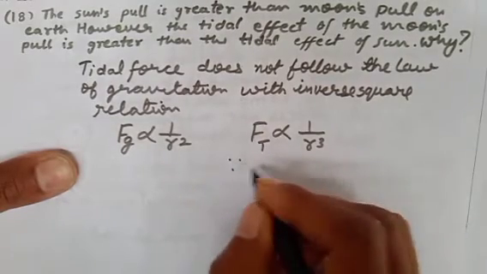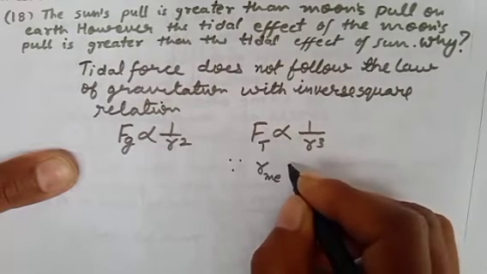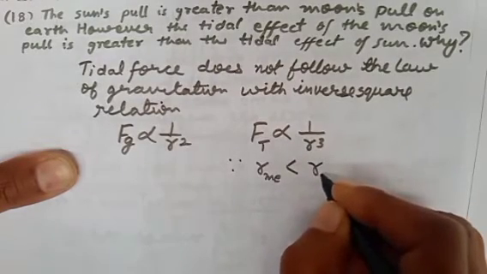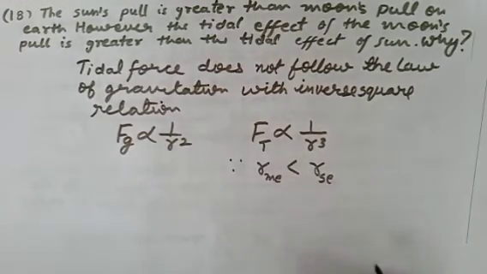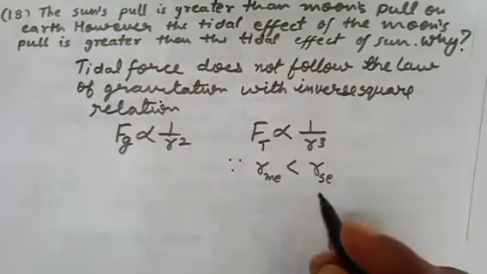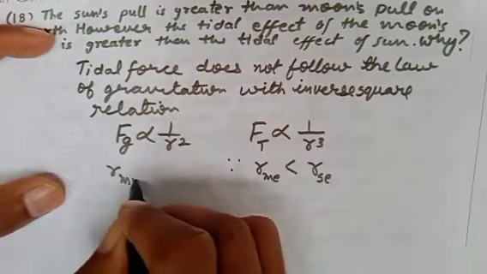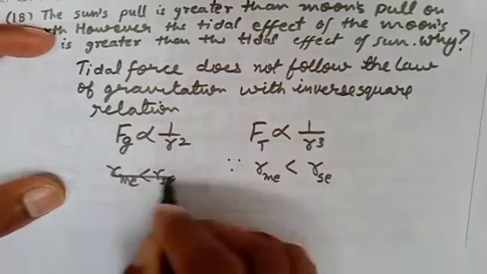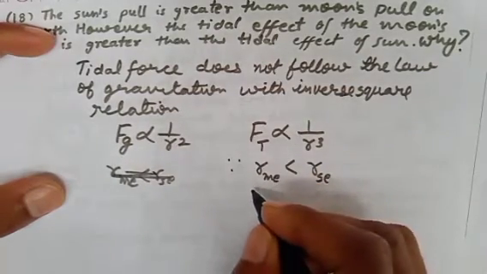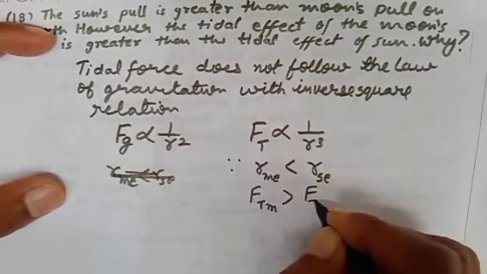And since the distance of moon from earth is less than the distance of sun from earth, because of the cube, the tidal force is larger. It depends upon mass also, so I'm not writing it here, but that is why tidal force of moon is greater than tidal force of sun.